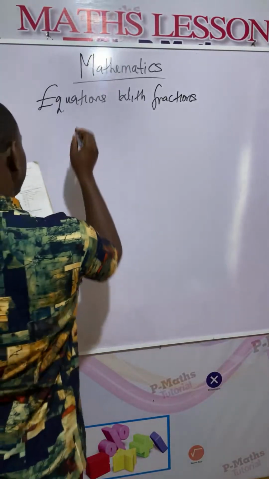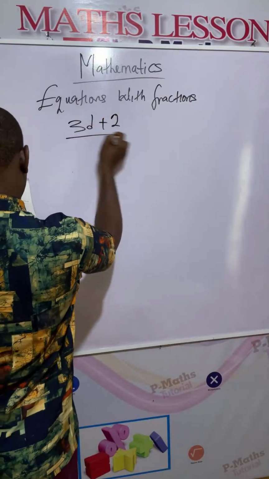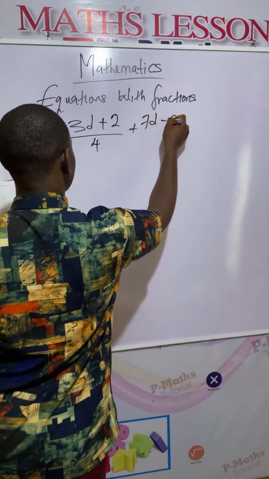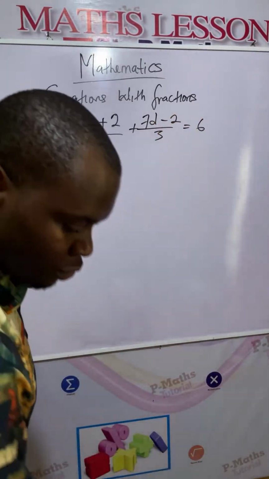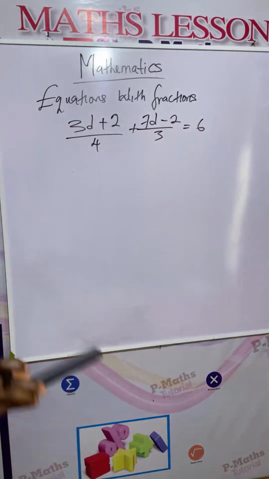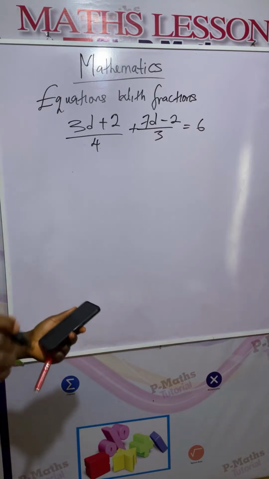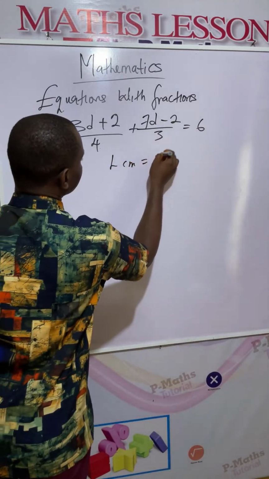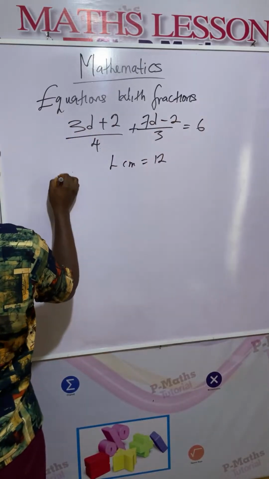I have (3d + 2)/4 plus or minus... (7d - 2)/3 equal to 6. Now, you already know the step. The first thing is to multiply through by the LCM of the denominators. So I would simply say the LCM is 12. Use 12 and multiply everything.